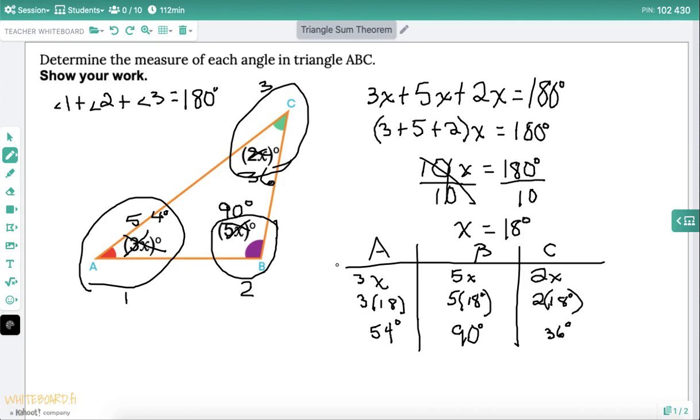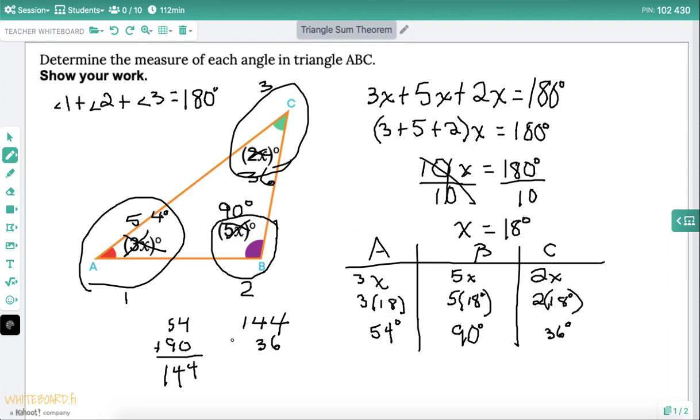Now, a good thing to do when you have this is you want to definitely just double check. Take angles A and B, 54 plus 90. That's going to give me 4. 9 plus 5 is 14, so this is 144. Okay, so now that I have 144, I'm going to add the last angle, which is 36.